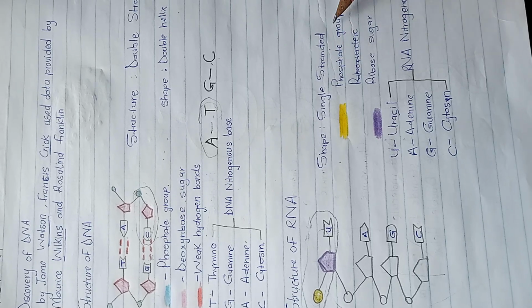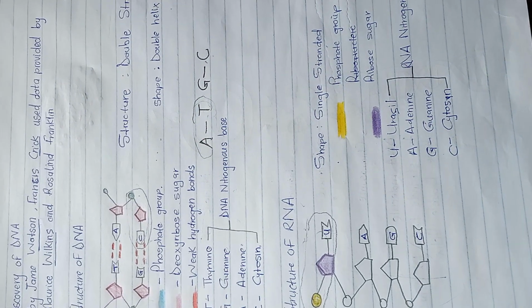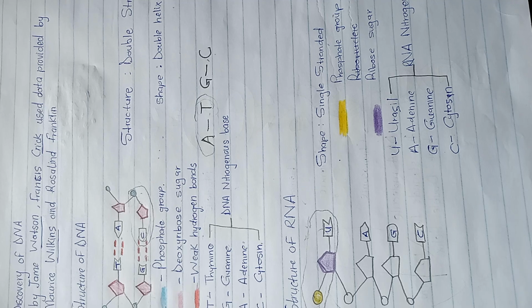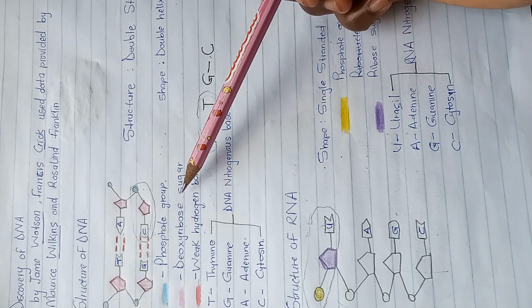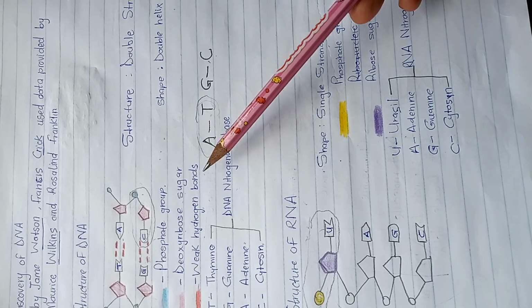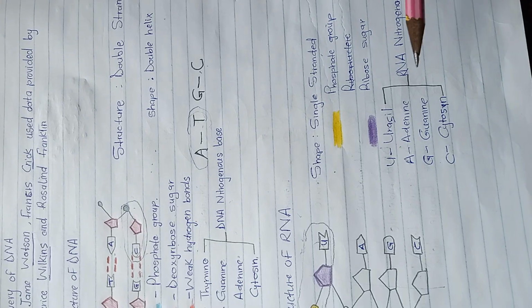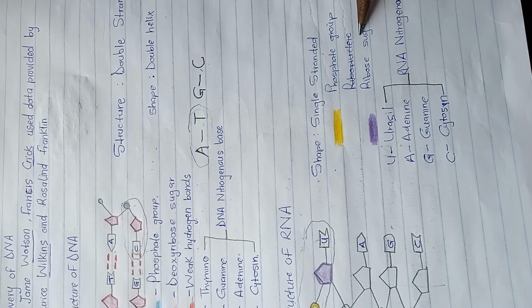You see that? So now we have similarities. They both have the phosphate groups, which are those circles there. And then now, look at the change. Here we said it is deoxyribose sugar, right? That pentagon sugar there is called deoxyribose sugar in DNA. But when we get to RNA, it is called ribose sugar.